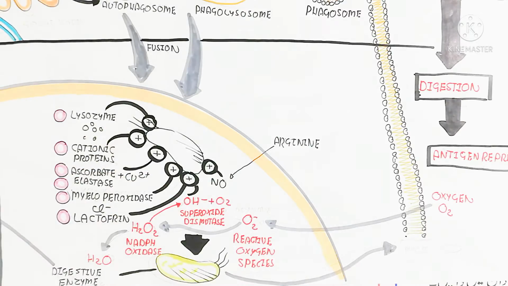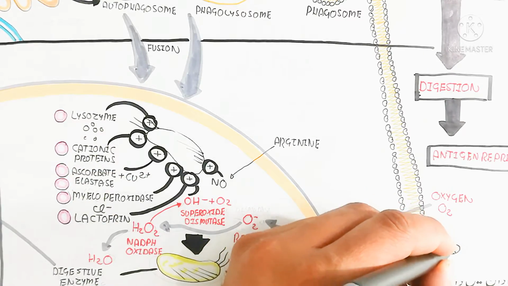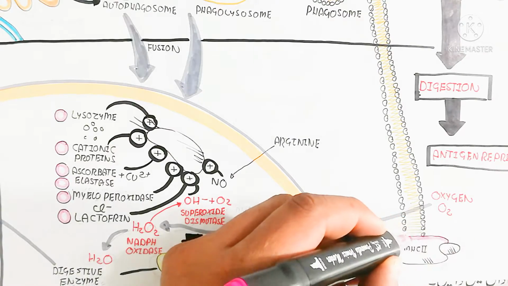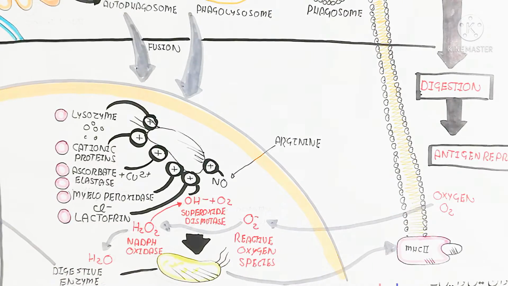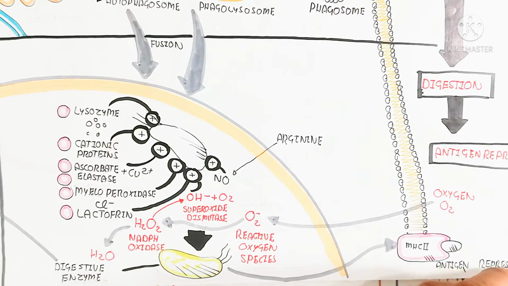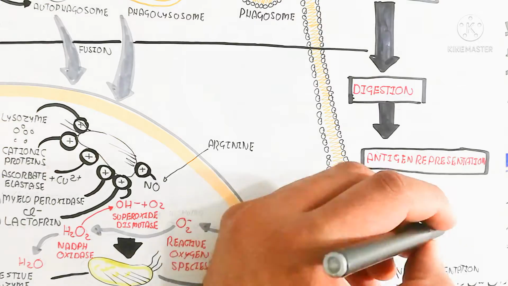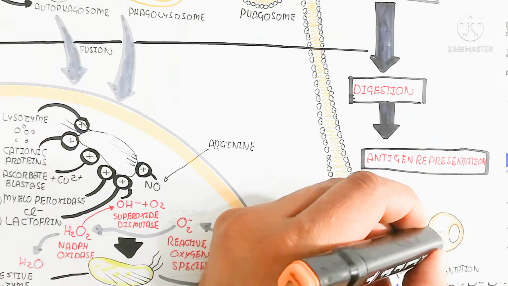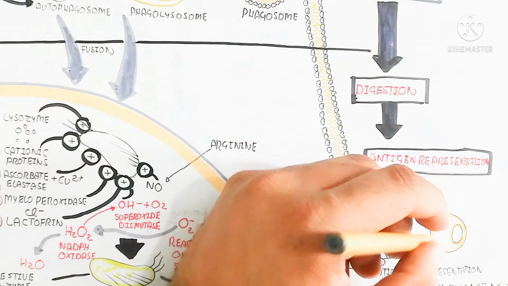After this digestion, it gives one part of the antigen, shown with the MHC class 2 molecule, major histocompatibility complex 2. In this way, the antigen is presented to the T helper cell, and the T helper cell with the CD4 molecule binds with the MHC class 2 molecules, etc.